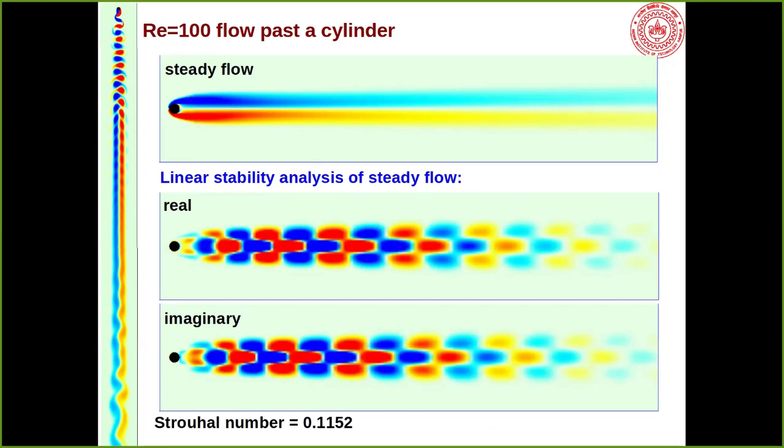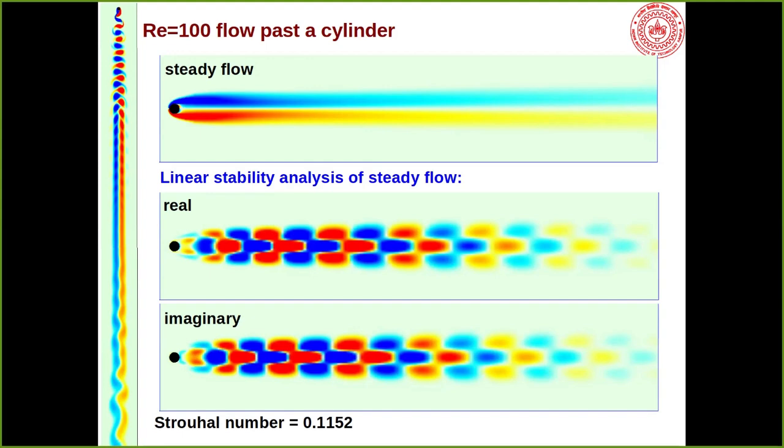So let us consider Reynolds number 100 flow past the cylinder. This is your steady flow. I want to do a stability analysis of this particular flow. This is the vorticity field. So I do the disturbance equations. I set up the eigenvalue, eigenvector problem, and I hunt for the eigenvalue which has the largest real part, because that will be most unstable.